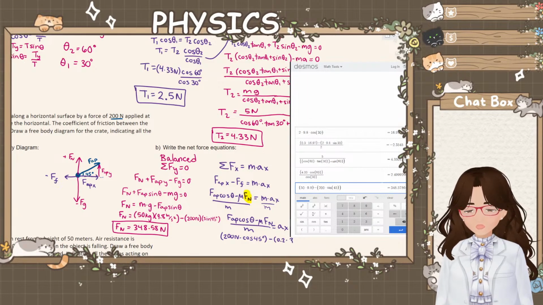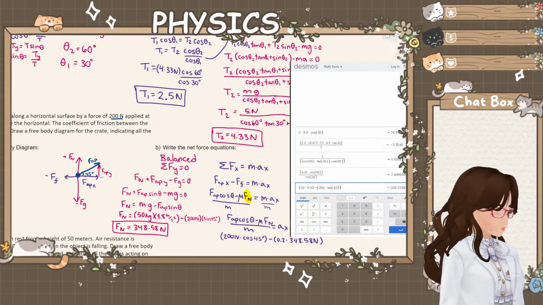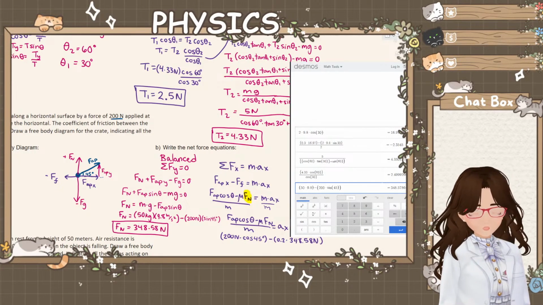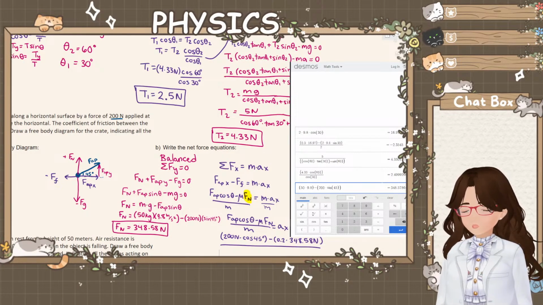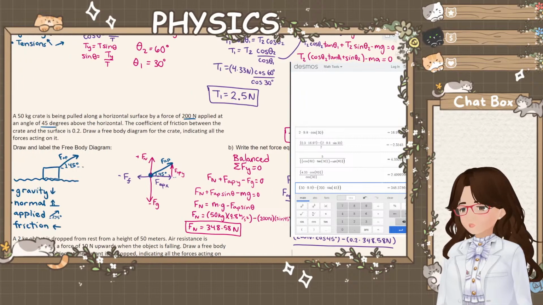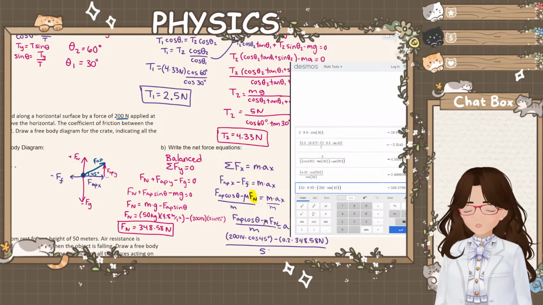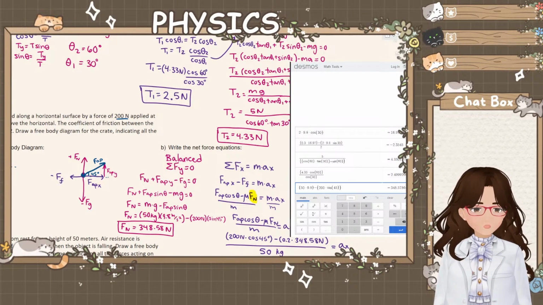Times our normal force, 348.58 newtons. And then I'm going to divide that by the mass of the object, which is 50 kilograms. And that will give me my horizontal acceleration.